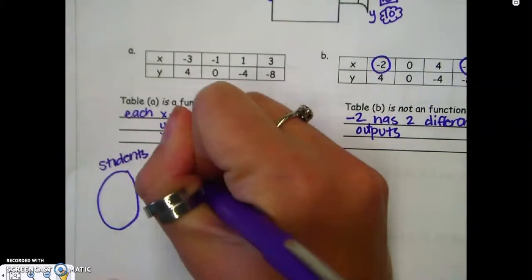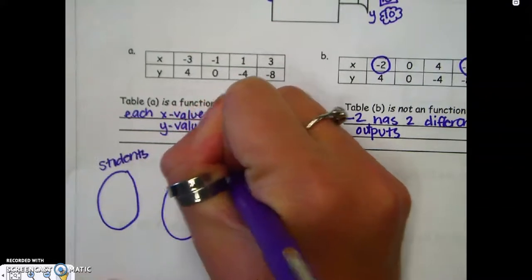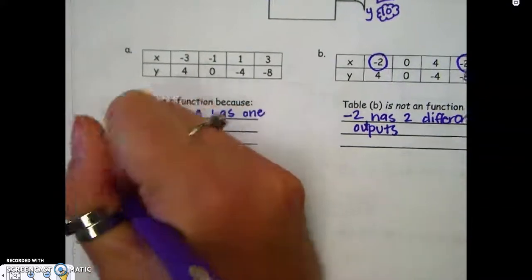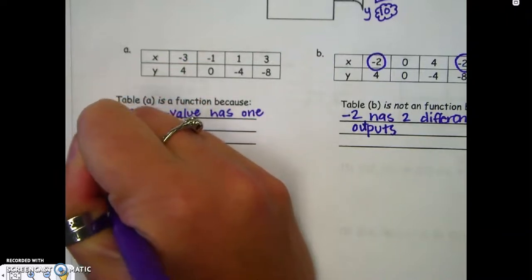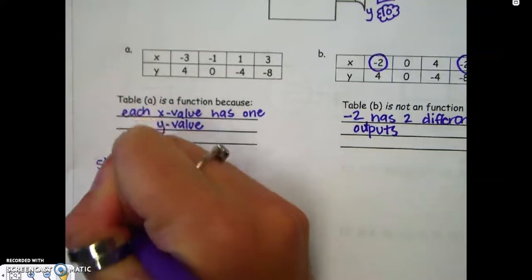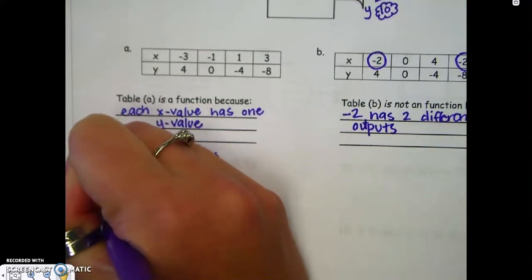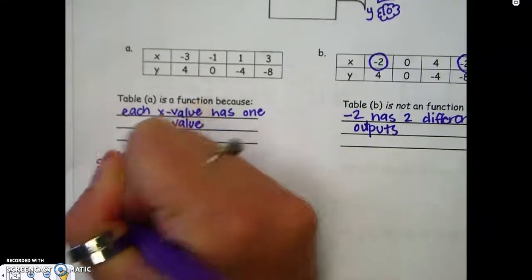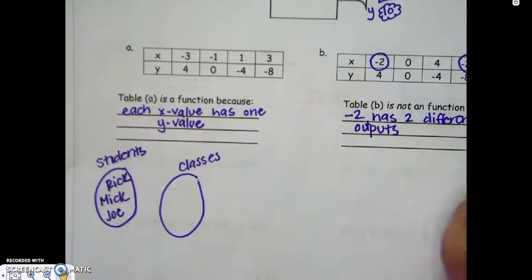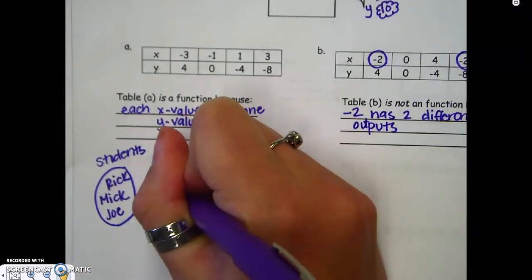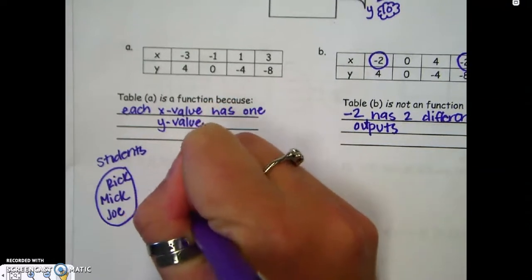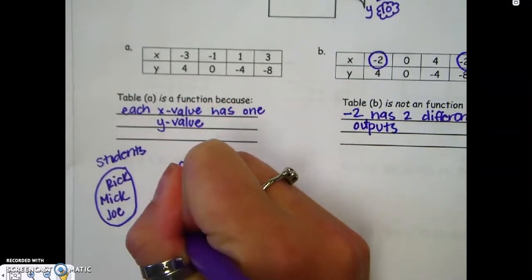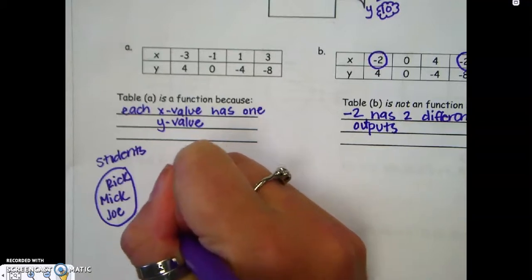And we have outputs of classes, right? So maybe, let's see, we have Rick, Mick, and Joe. And we have classes such as science, math, and English, ELA.